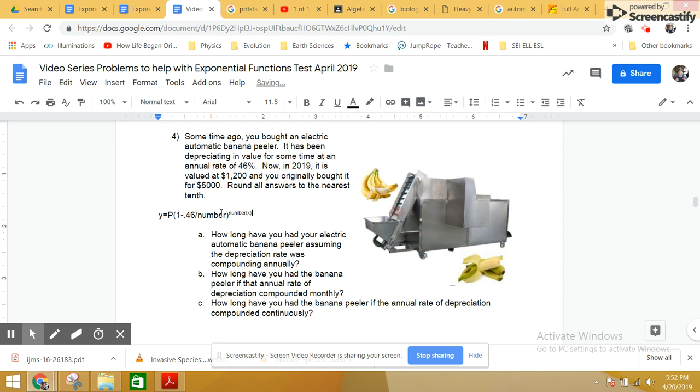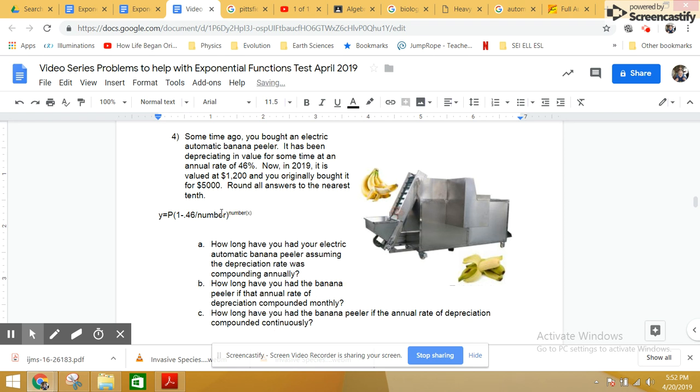X will be time. Remember, this is just basically y equals p times 1 plus r over n raised to the nt power, where t is just time and we're using x for time here.